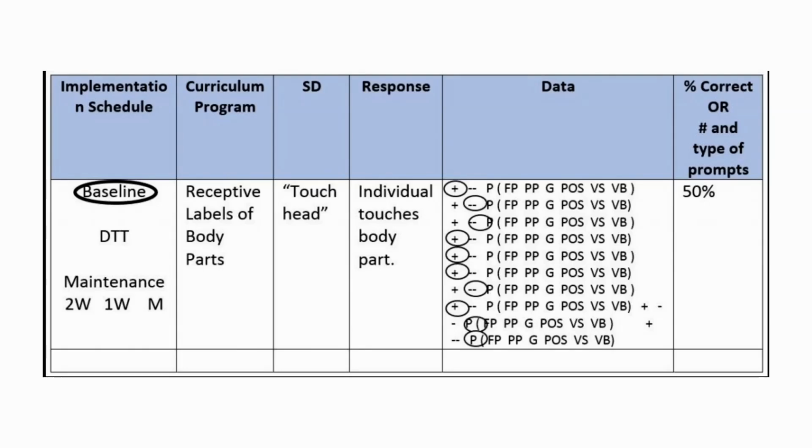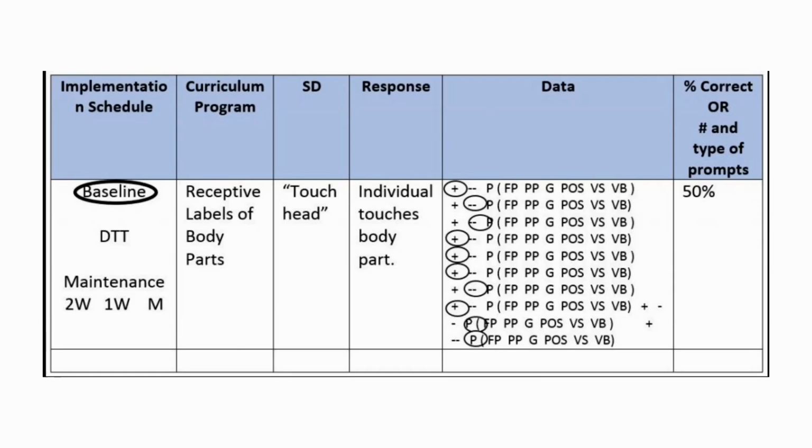There are so many things you can work on that have social validity and a lot of meaning. But receptive labels of body parts, hugely important. I can't tell you how many kids, when we're talking about their health, can't point to body parts to let us know what's going on. That's why they're teaching this, mainly for health.